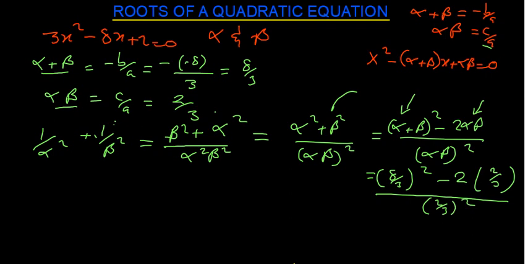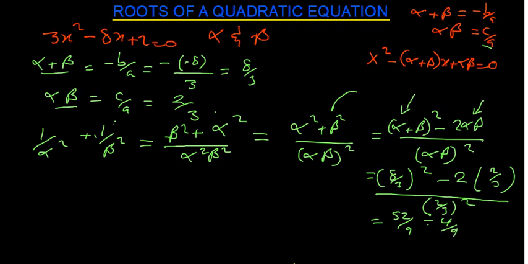So now we can simplify this. What we have is 8 over 3, we square that, and then minus 2 times 2 over 3. On top it is giving me 52 over 9. Instead of writing over, let me just write divide by 2 over 3 squared. We know that 2 squared is 4 and 3 squared is 9.